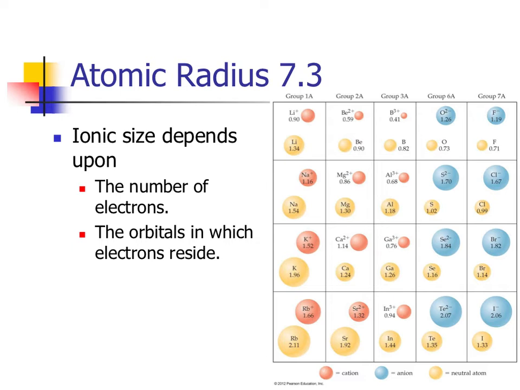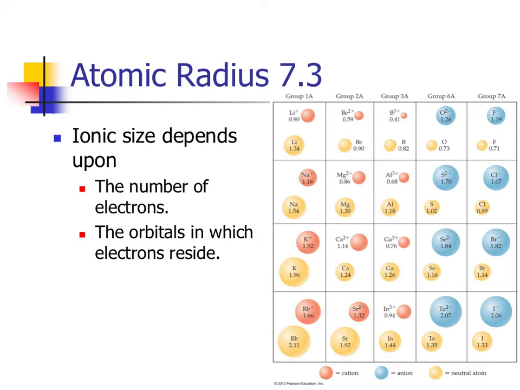Now, as you look at this, the trend is still there that as you go from left to right, the atomic radius decreases for the normal size atoms. Well, if a smaller atom loses electrons, it is also going to get even smaller than its parent as well.